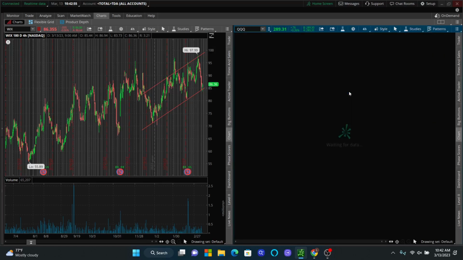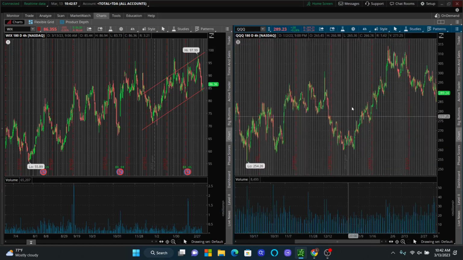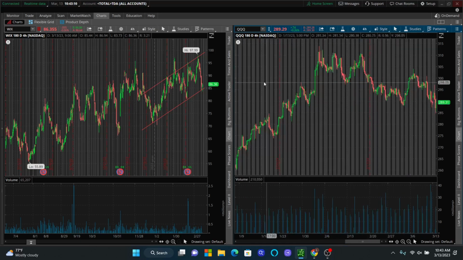So if I go to the 6 months, 4 hours, as you can see, the QQQ is kind of all over the place. This one you can clearly see has been going up and down pretty tight in an upward direction. So this is a good identifier that this is a good stock that doesn't really reflect on the market conditions that happen with the QQQ or the standard news you see out there.